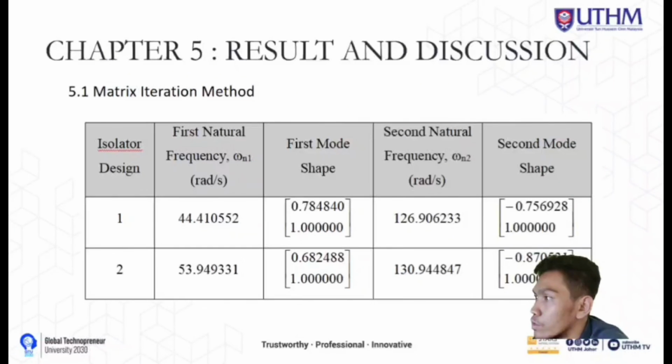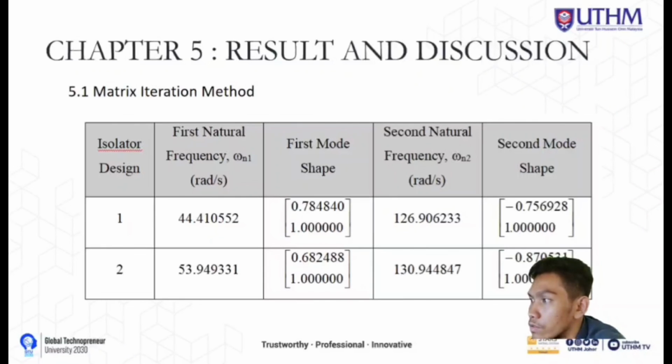And it is obtained from two different materials in which stiffness coefficient K1 and K2 is 350 Newton per millimeter and 550 Newton per millimeter respectively. As for design 2, the value for first natural frequency and second natural frequency is 53.949331 radian per second and 130.84487 radian per second respectively.